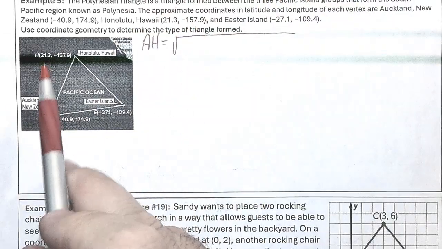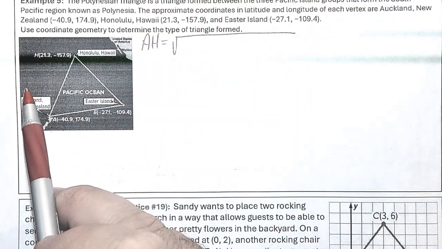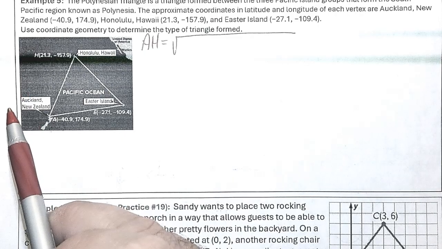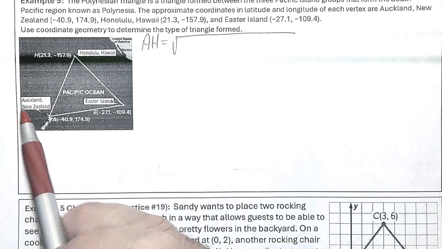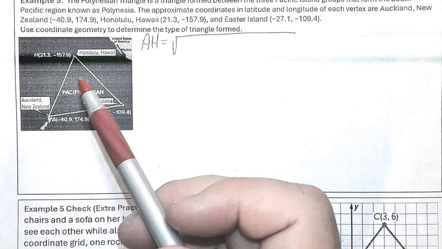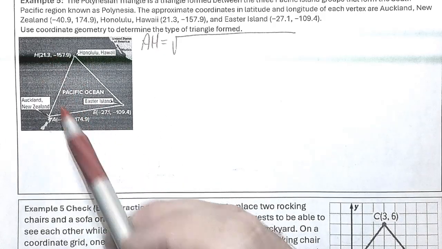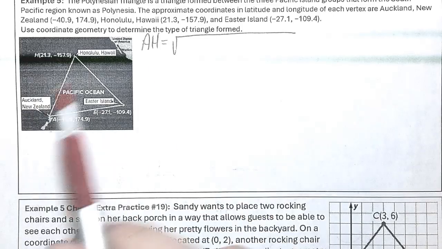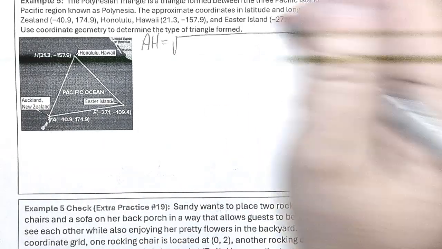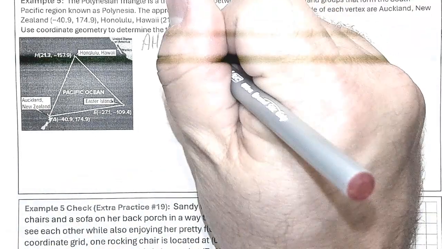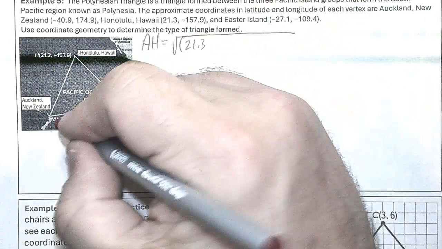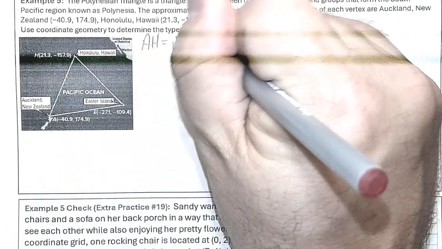Now again, the distance formula, it's on the other side if you need to pause it. X sub 2 minus X sub 1 squared plus Y sub 2 minus Y sub 1 squared. These numbers are big. Big numbers squared make even bigger numbers, so just hang with me. So, starting with our x's, 21.3 minus negative, so that's 2 negatives, so we're going positive plus 40.9.